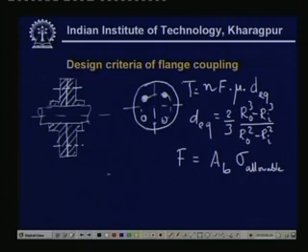Again, sigma tension allowable will be equal to SY divided by some factor of safety. Now, knowing all this, we can find out the AB. Now, there is another way of failure, that is by the crushing of the bolt. How does it occur? Let us see.